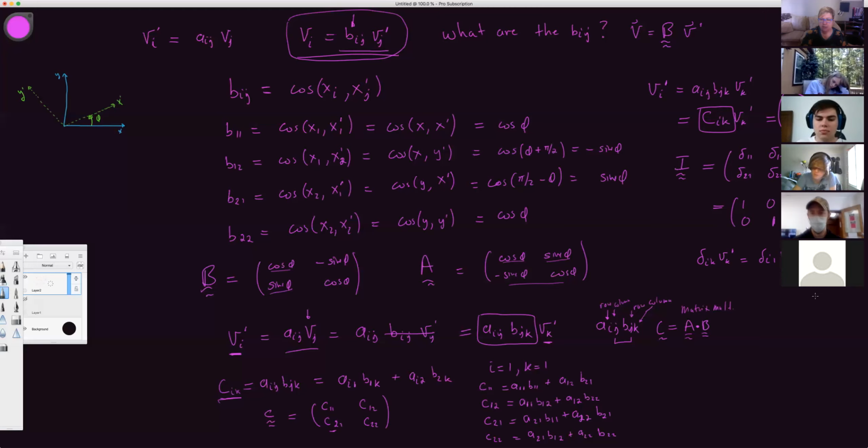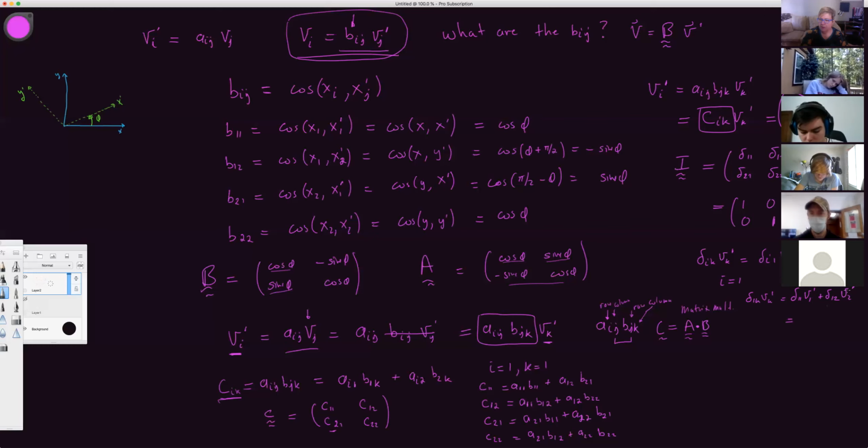No matter what, if i is 1, let's just do that. Let's set i equal to 1. i is our free index. Now we have delta 1k V_k prime. So delta 11 V1 prime plus delta 12 V2 prime.